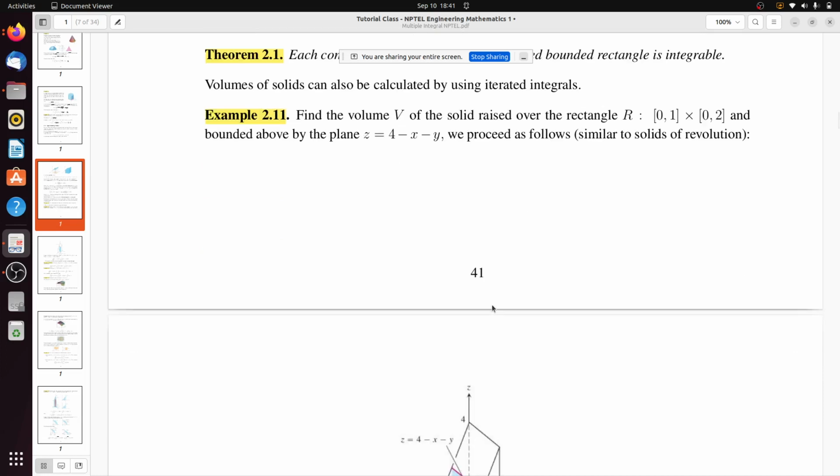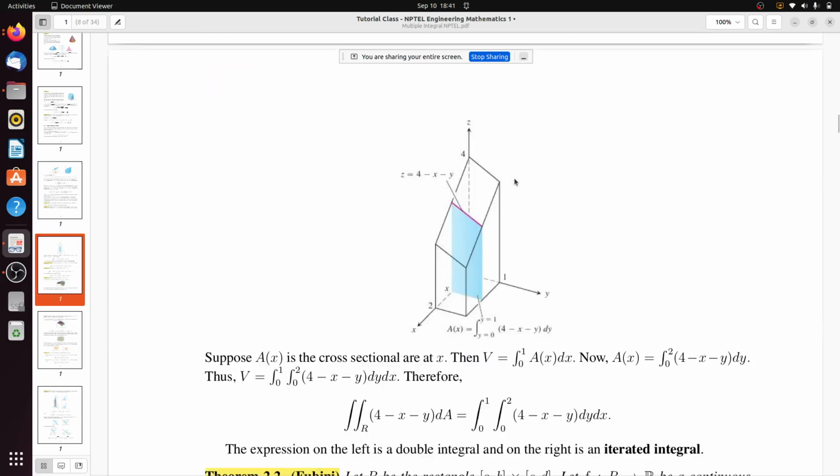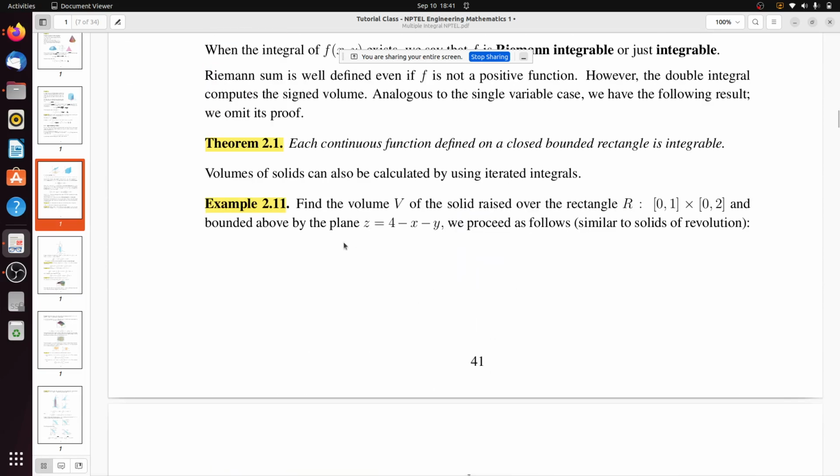Okay, so we are to find the volume V of the solid raised over the rectangle R, 0 to 1 by 0 to 2, and bounded above by the plane z equal to 4 minus x minus y. We proceed as follows. So to determine the volume, we have to just take integration. The integration for the x-axis will be 0 to 1 and for the y-axis from 0 to 2.